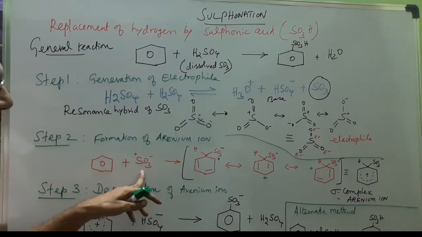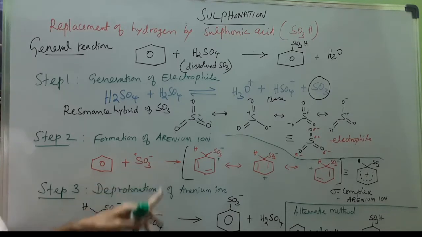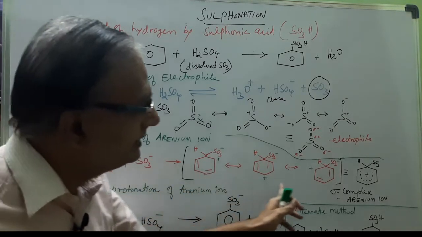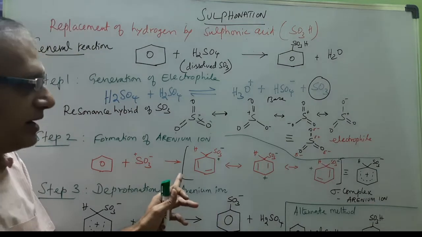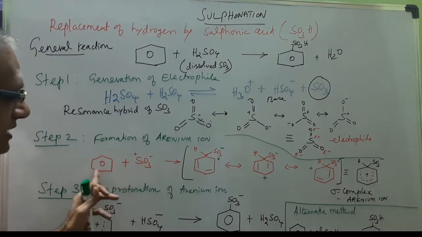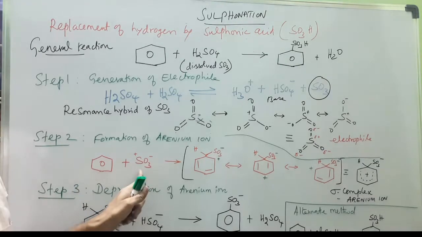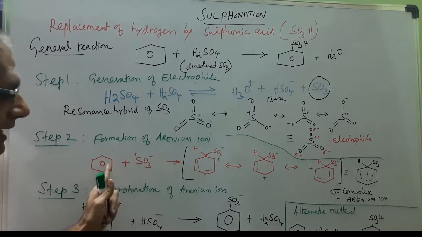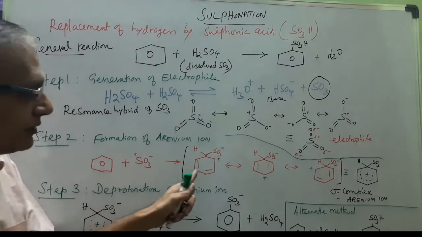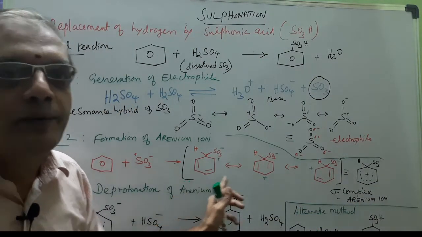So, benzene with sulfur trioxide, with S positive and O negative charges. As usual, the delocalized pi electrons present inside the benzene ring attack the SO3. Once the electrophile attacks here, we form our arenium ion hybrid structure.